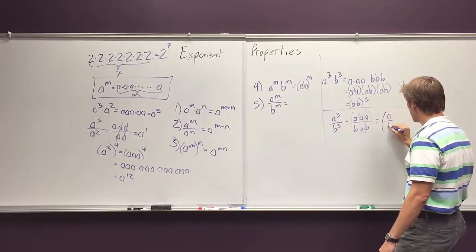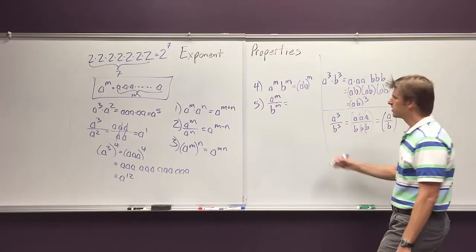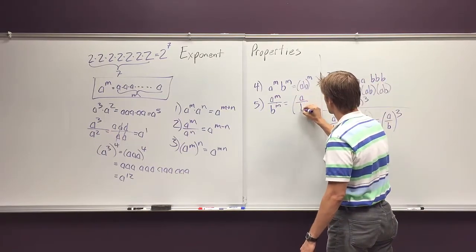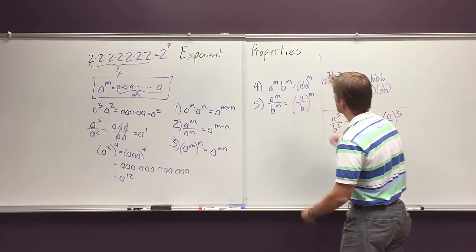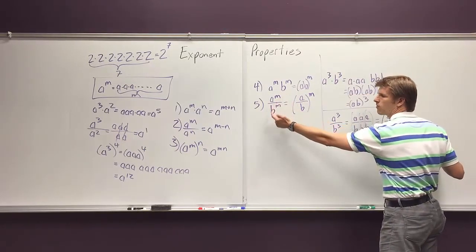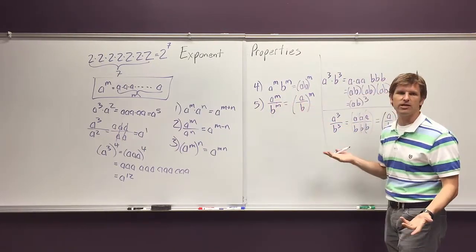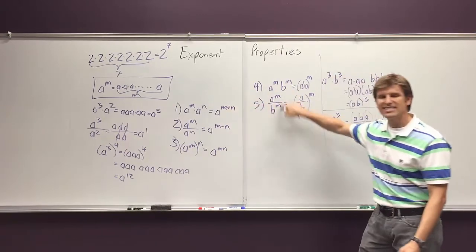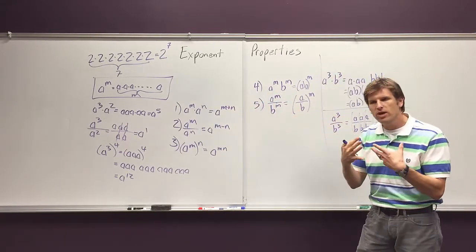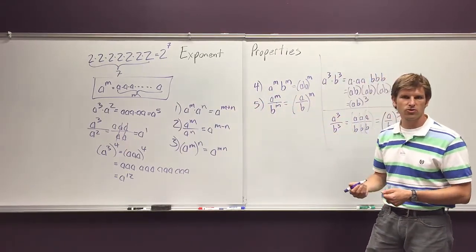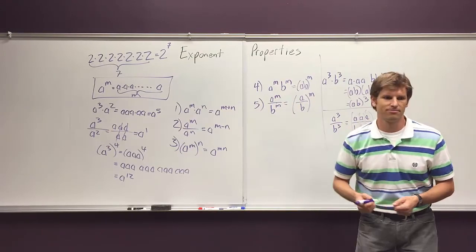So you have a over b, to the third. So what you have there is you have a to the m over b to the m is a over b, to the m. Now these are the basic exponent properties. If you can use those through all sorts of examples, that'll help you a lot.